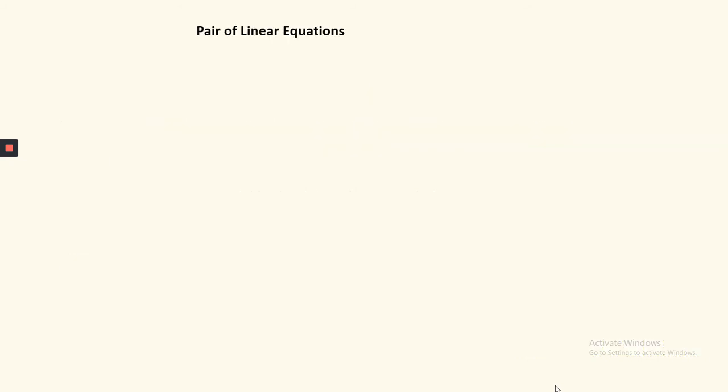Now, we are coming to the 10th standard portion, pair of linear equations. The new word is pair. We already know linear equations. Now we are going to deal with pair of linear equations.